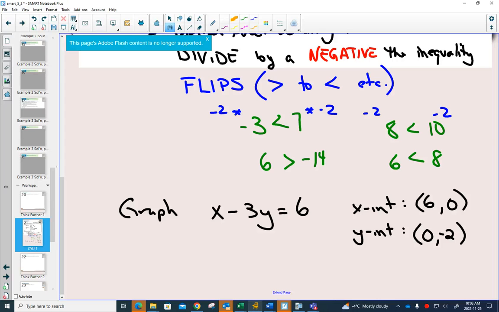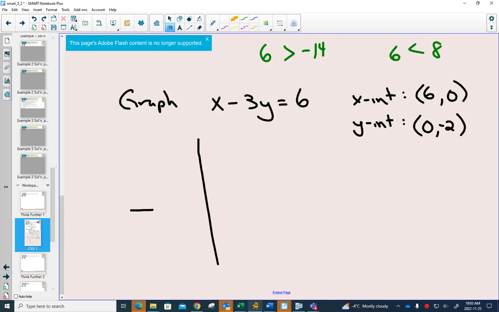Relatively easy to find the y-intercept. So now, when I go to graph this, I've got 1, 2, 3, 4, 5, 6, 6 comma 0, and I've got 0, negative 2.